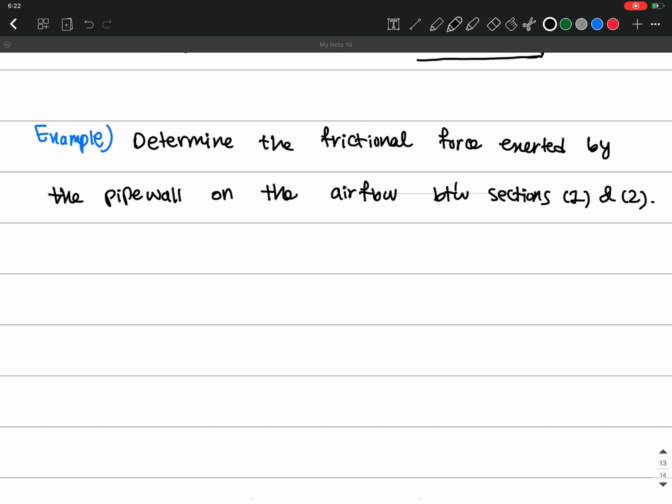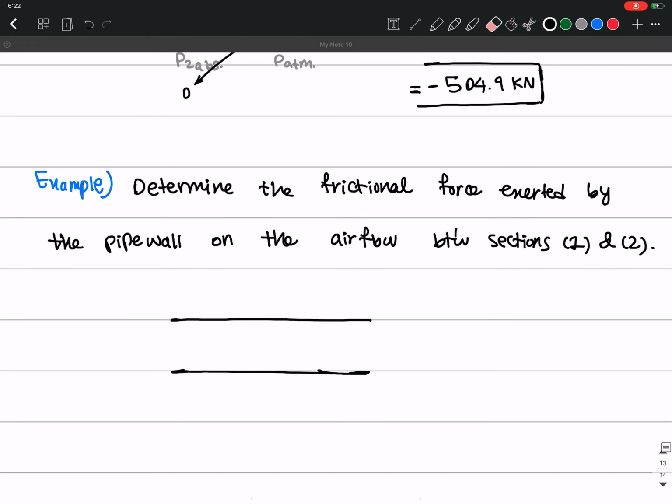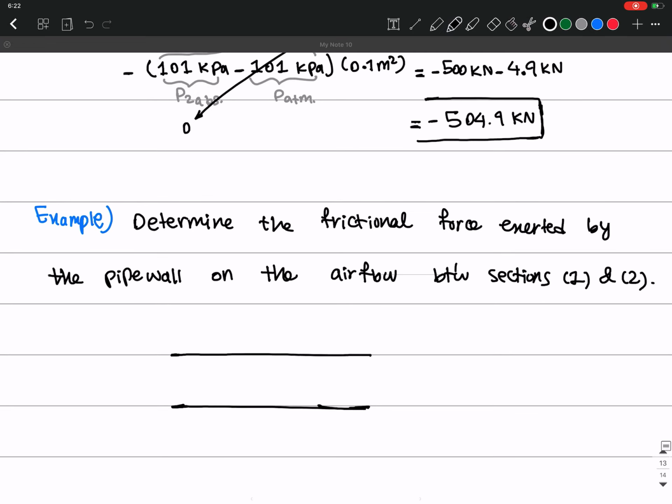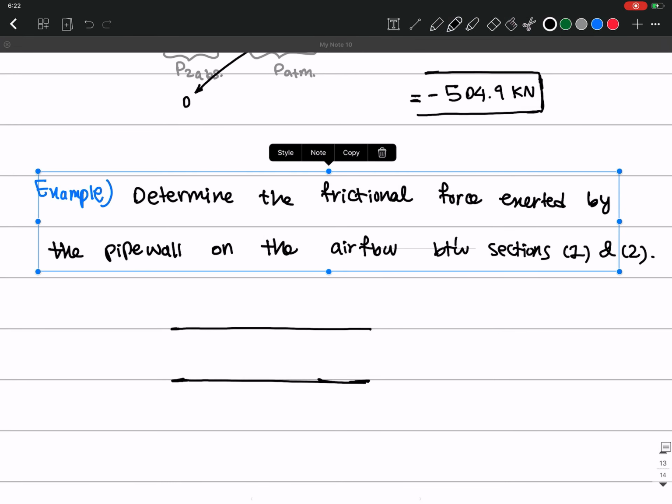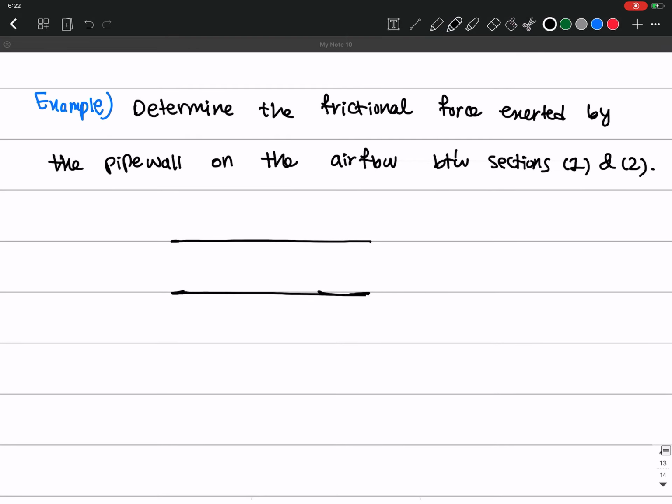So we have this pipe flow. Okay, so we have this pipe.